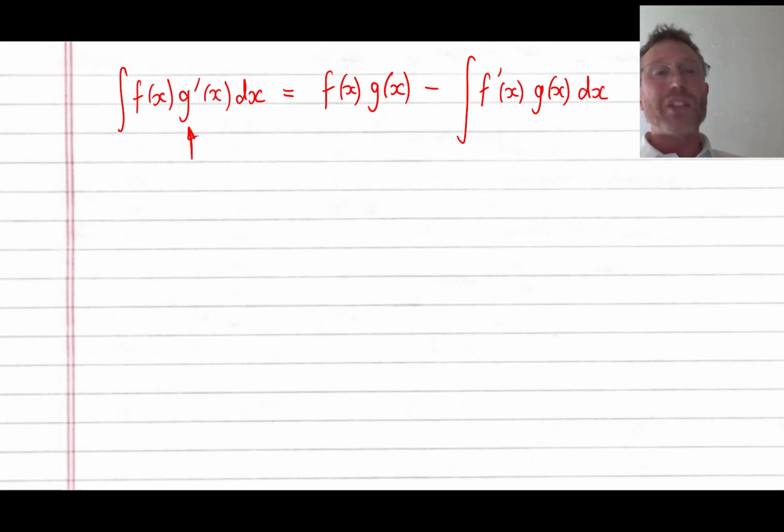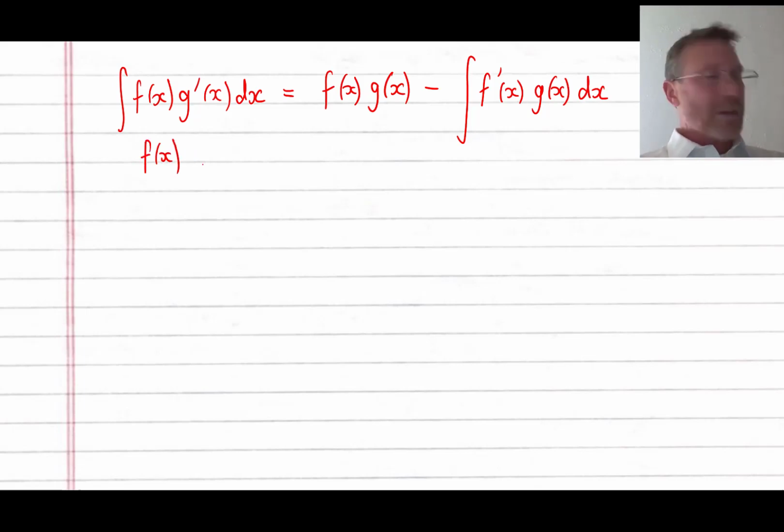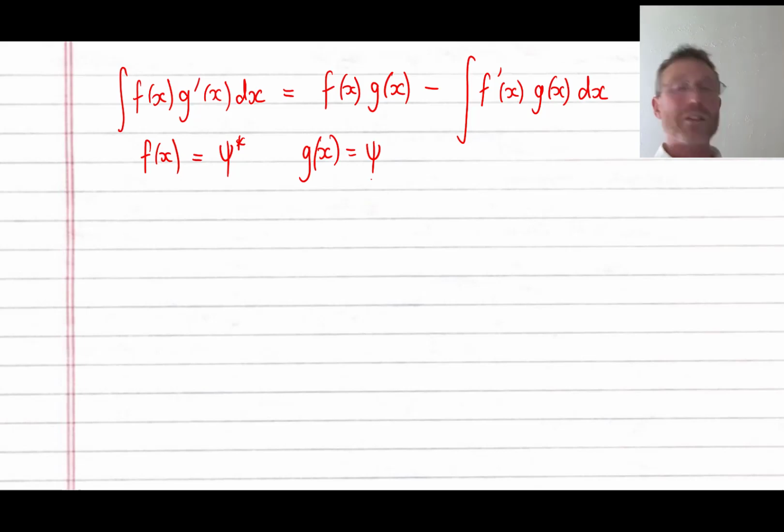And what I want to do now is actually just jump into assigning some of these values, and you'll see where this ends up being important as we consider Hermitian operators. So in fact, I'm going to say that f of x in this case is going to be psi star, and I'm going to have g of x be equal to psi, and I'm going to plug these into this expression. When I do that, what do we end up with?